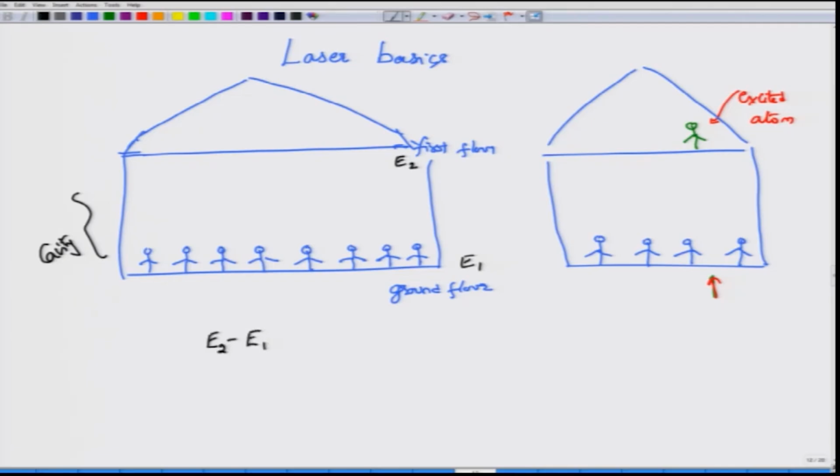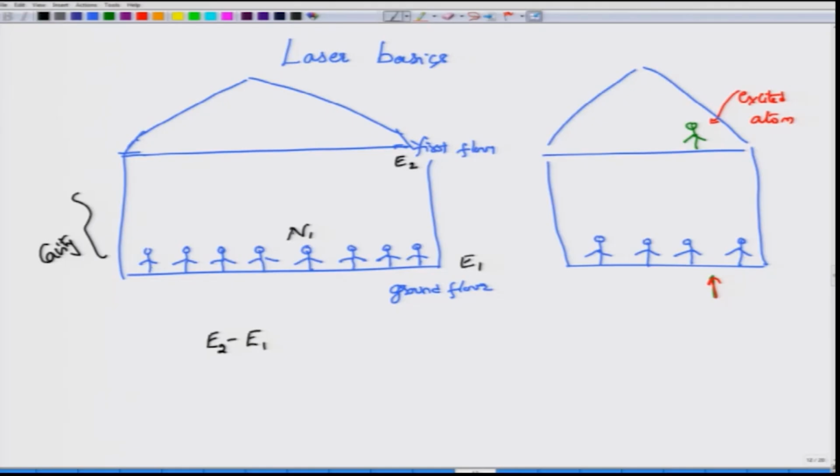A crude analogy I want to show here: I have a house, or someone has a house, and there is a party going on, and a lot of people are attending the party. You have a certain population on the ground floor because the party is being held there, and in the normal condition of this party, everyone is occupying the ground floor.